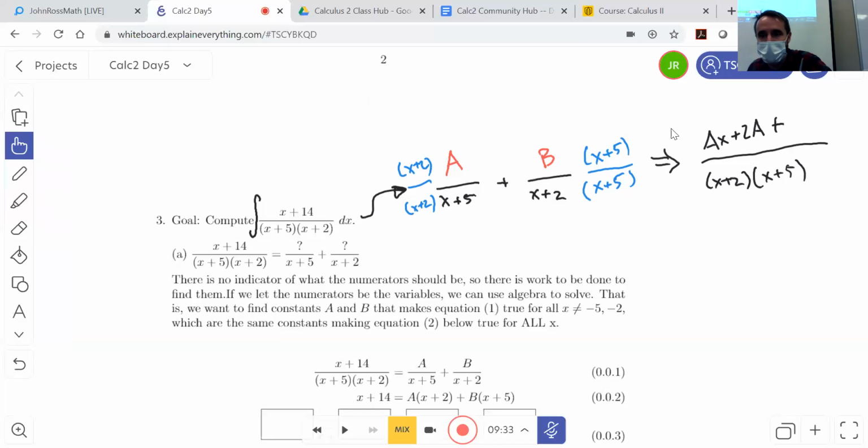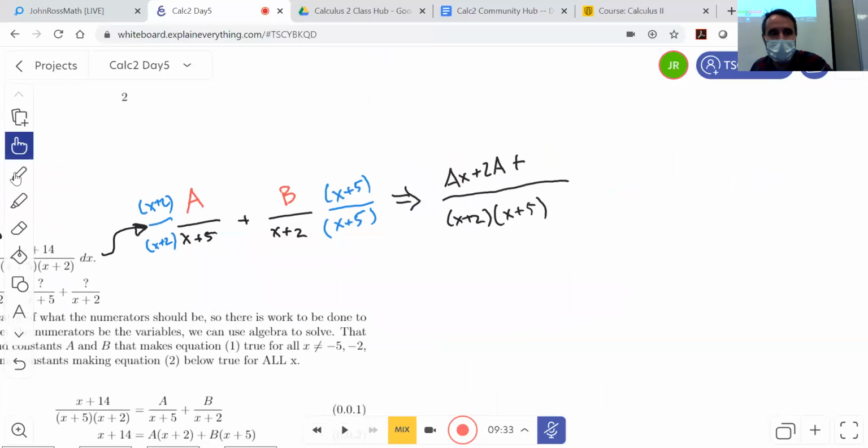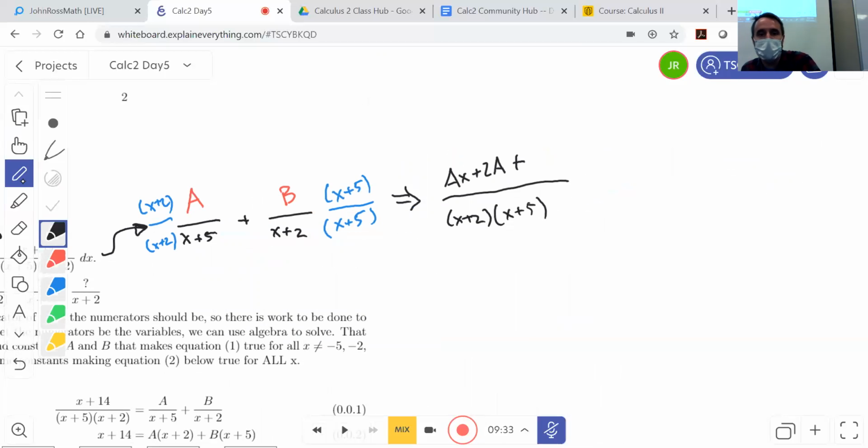Plus, let's move this a little bit. On the other hand, when we combine the other side, we end up with x times B. So we get Bx plus 5B. Right? And all of this is over x plus 2 times x plus 5.